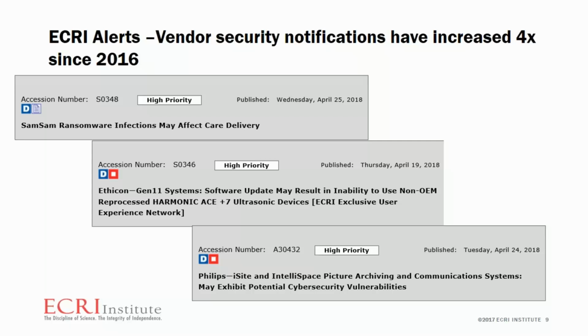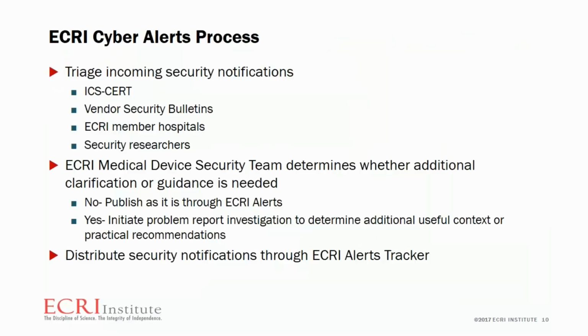So our current process that is in place evaluates a range of different sources for security notification, including ICS CERT, vendor security bulletins. We're referring to the public websites that are now available from a number of different medical device vendors, as well as you, our member hospitals, who are submitting cybersecurity-related field correction notices to us, as well as security researchers in some instances.